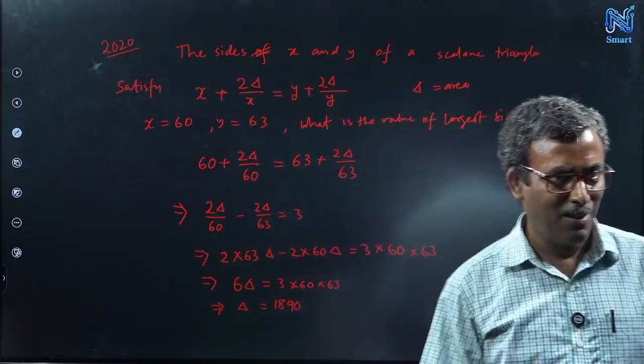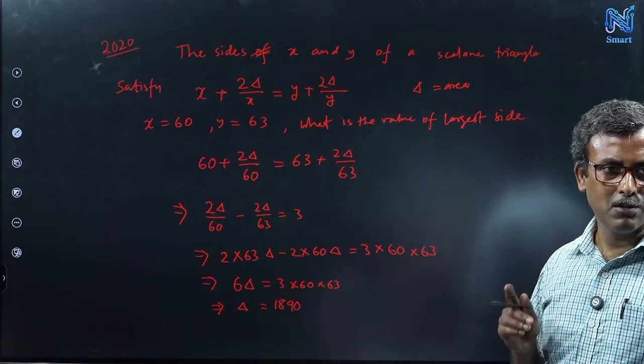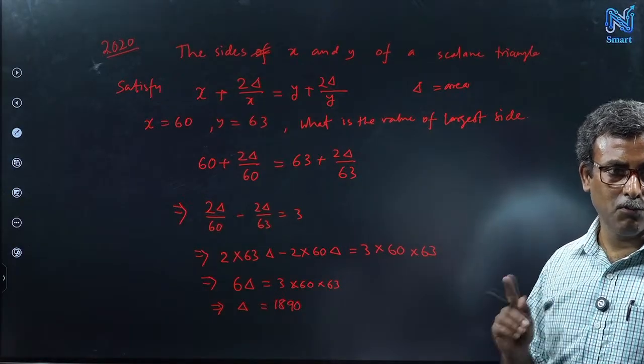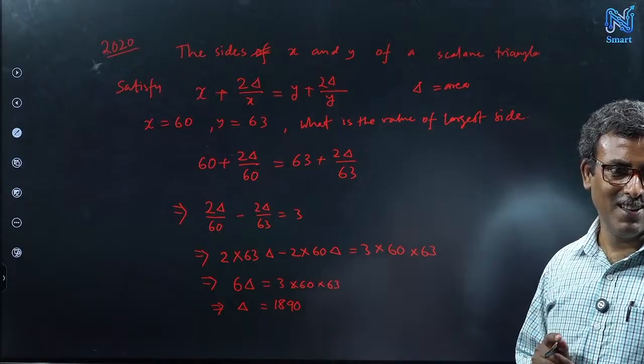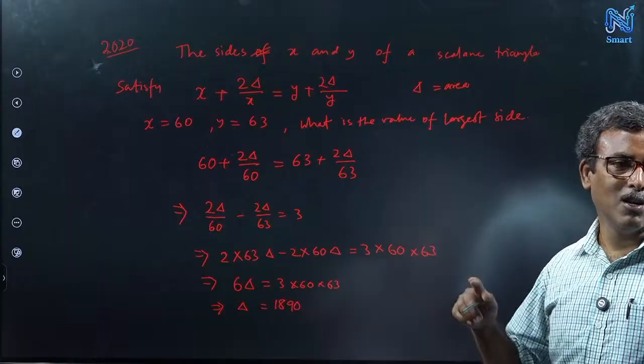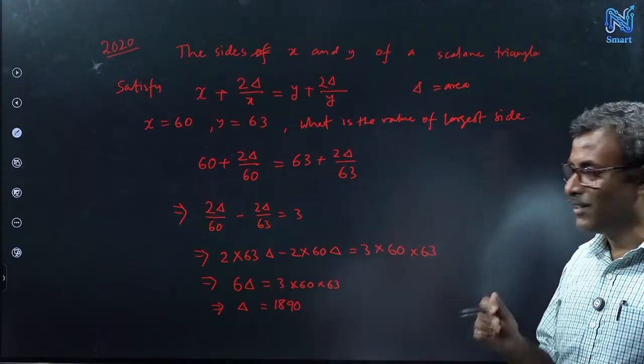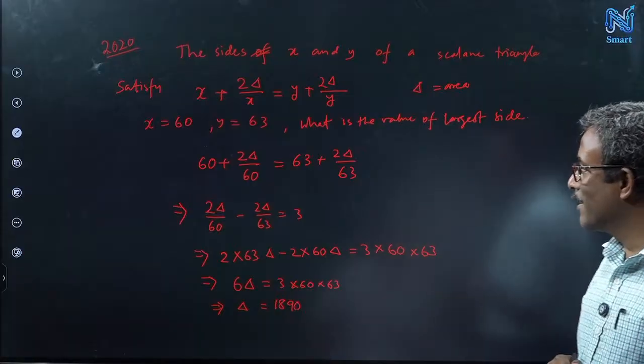Yes, Heron's formula, but using Heron's formula is slightly tough, right? Because that third side will be to the power 4. That means 60 plus 63 plus x by 2 into 60 plus 63 minus x by 2, everything will be there. So can you just observe whether anything is happening?